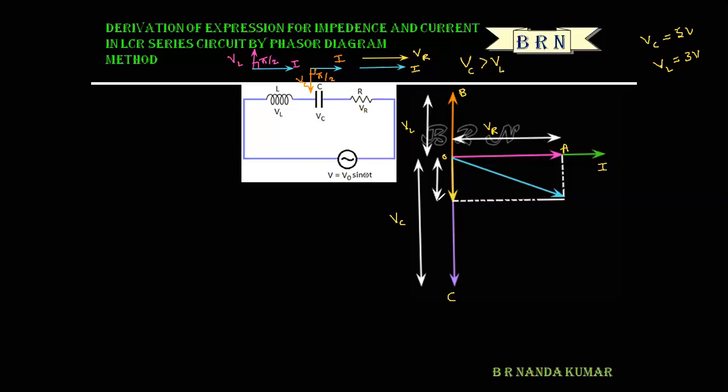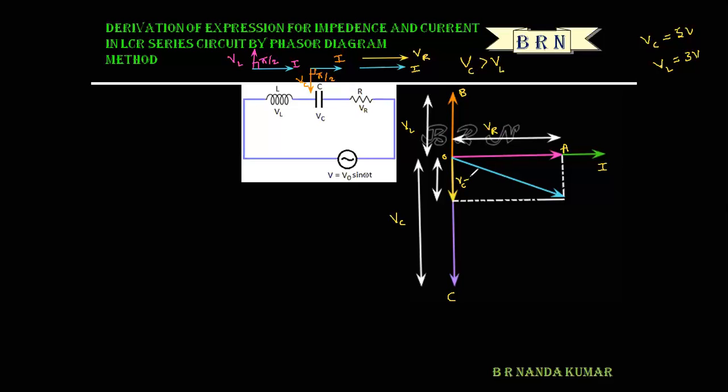In the previous derivation, the resultant acted vertically upwards, because our assumption was VL is more than VC. So VL minus VC acted vertically upwards. But here the VC magnitude is more than VL, so the resultant of VC and VL is VC minus VL, which acts vertically downwards.